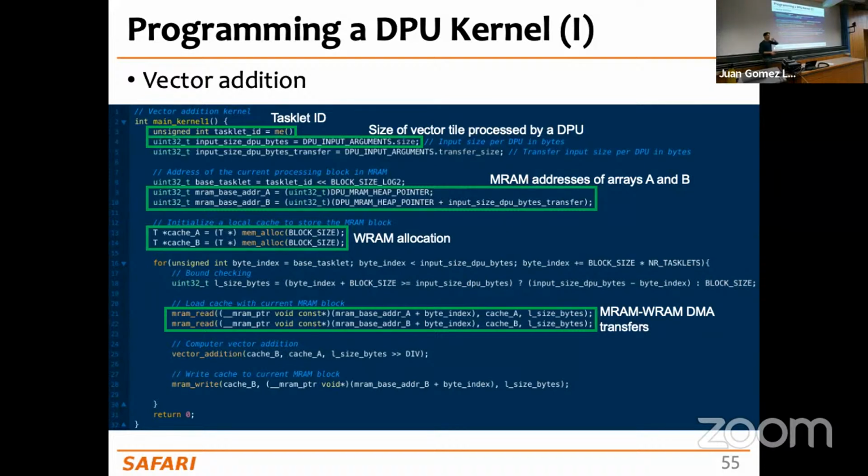But at the same time, one tasklet could potentially access the caches of another tasklet. To do so, you just need to figure out a way of sharing these pointers, for example, defining them as a global variable outside of the kernel. This way the pointers are going to be visible by all tasklets.